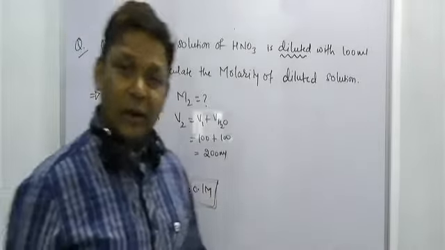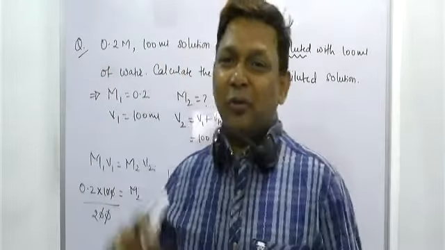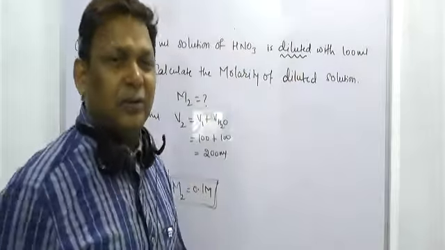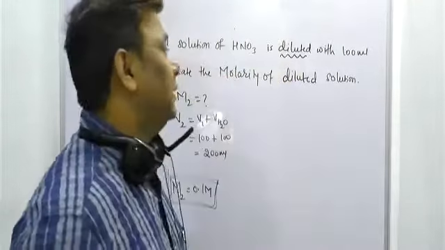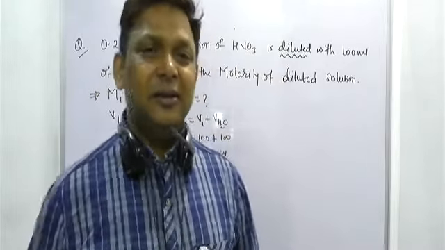See, we did the dilution law, and we did molarity of resulting solution, and I wrote the heading of that one. I gave the question of dilution law. It is a way to confuse the children, because we should be very attentive to what is given in the question and what they are asking to find out. Is it clear? Chalo, please note down.